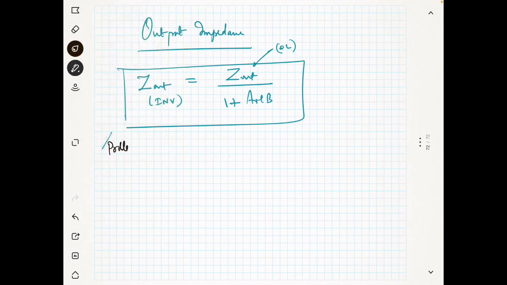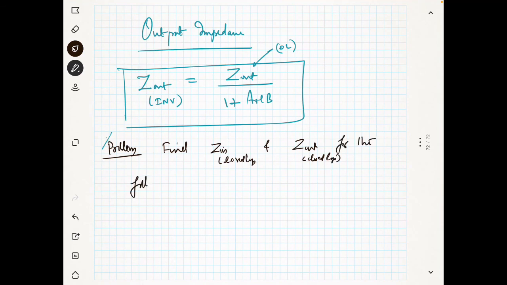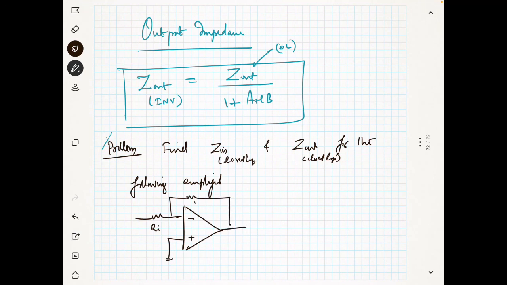Problem: find Zin in closed loop and Zout in closed loop for the following amplifier. You can see here that this is minus, this is plus, and this is your Ri, and this is RF, and this is grounded, with Vin.